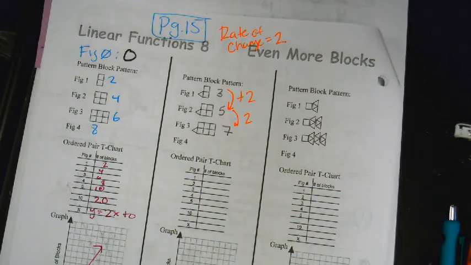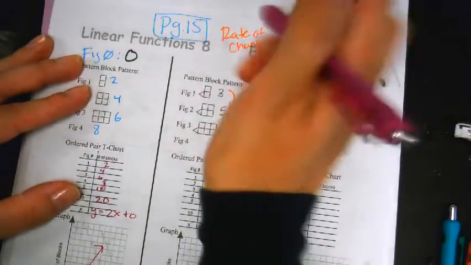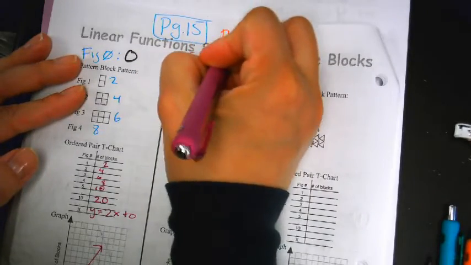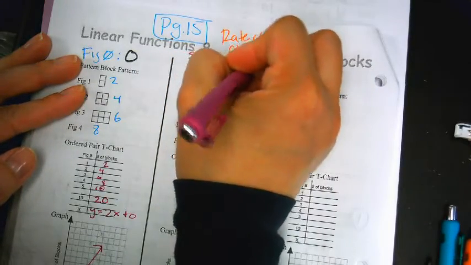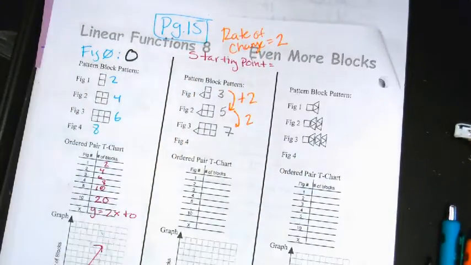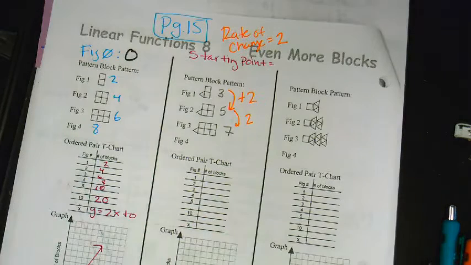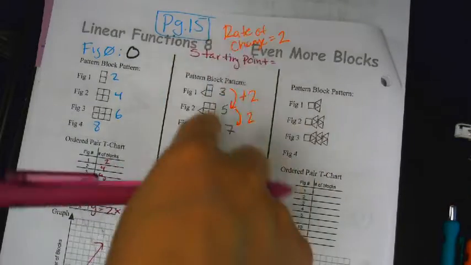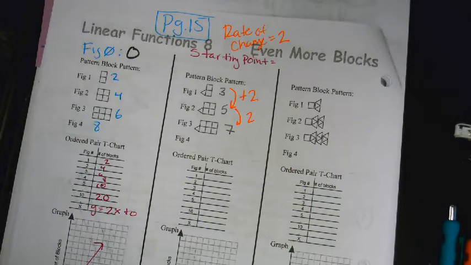Now, the second piece of information that I need is called the starting point. Where do I look for the starting point? Figure 0. In this worksheet, to make it harder, they don't give you figure 0.